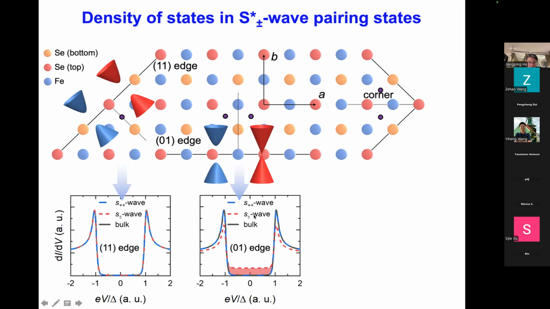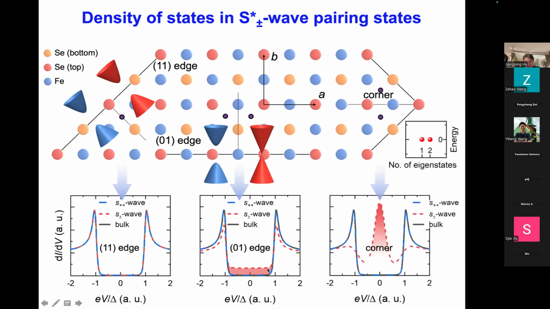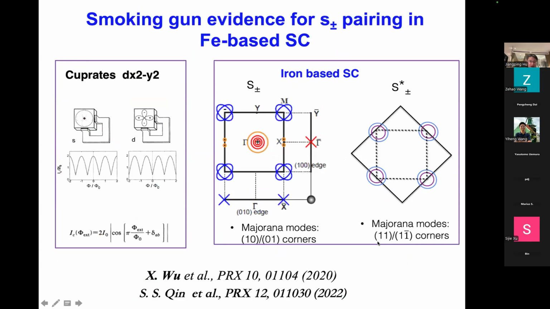But if you have S plus minus star, you have the zero modes, so the weight will not go to zero, they will have some contributions. And if you go to the corner here, if you measure with STM, you will get Majorana zero modes like this. So for iron selenium, you can use STM to take a look, and if it is in this state, it will show these features. Okay. So this is a summary of the theoretical predictions.